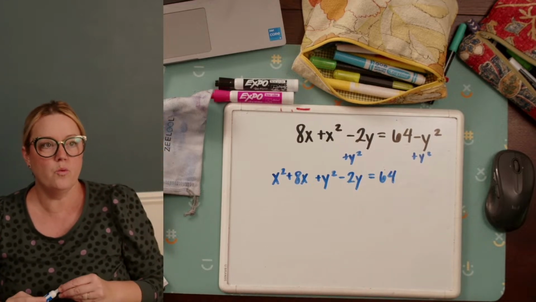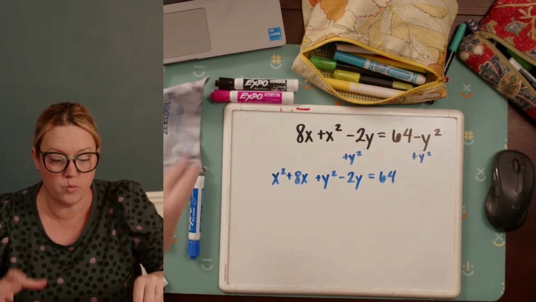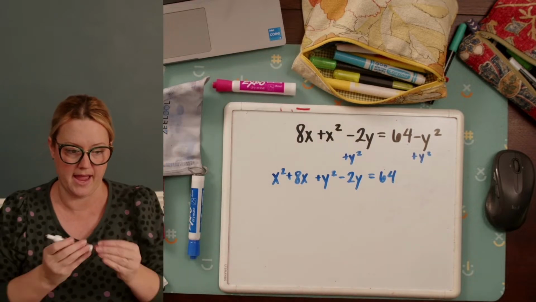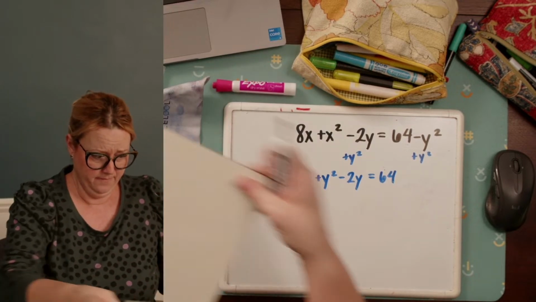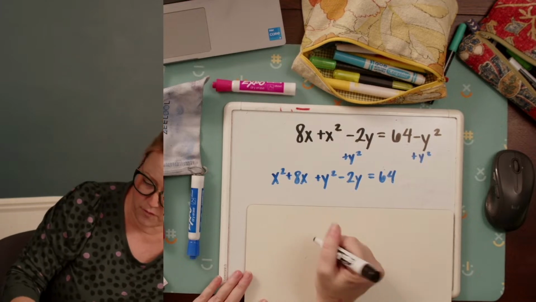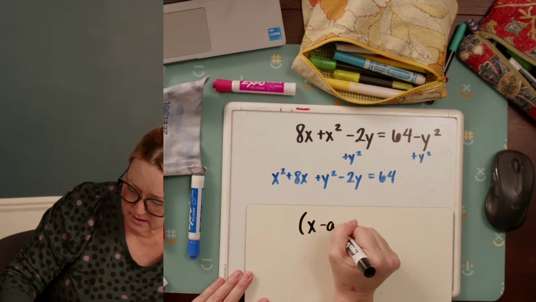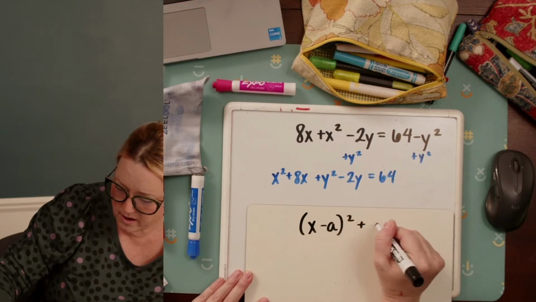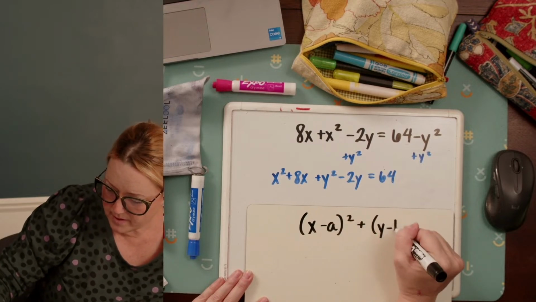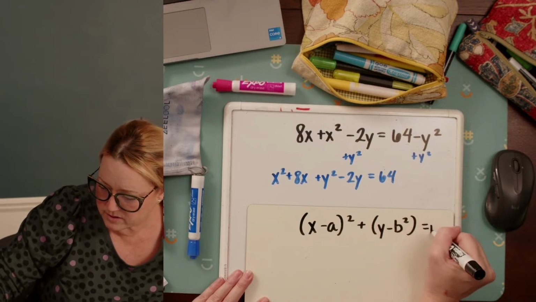Okay, so ultimately I want to get to my standard form of the equation, which is x minus a squared plus y minus b squared equals my r squared.